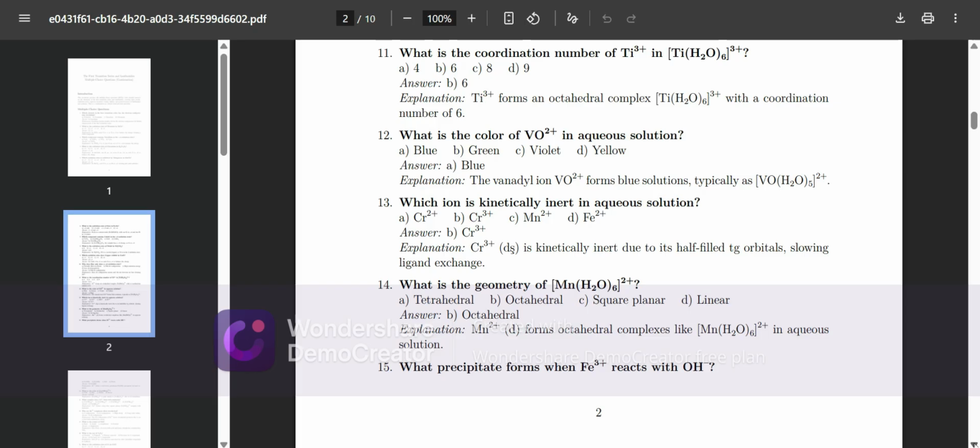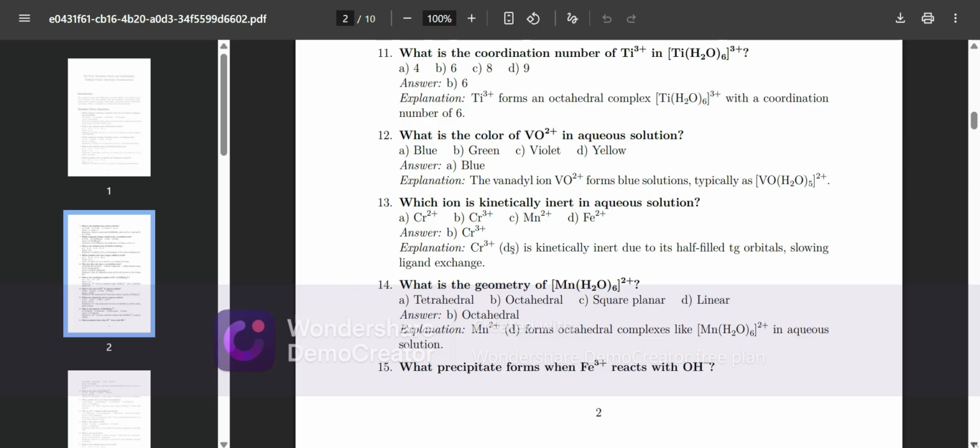Which ion is kinetically inert in aqueous solution? Cr3+. Cr3+ d3 is kinetically inert due to its half-filled t2g orbitals, showing slow ligand exchange.